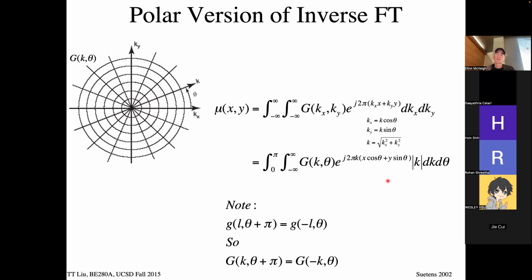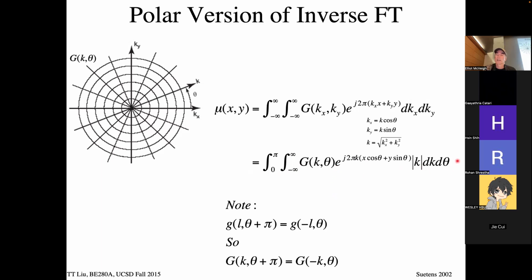The reason we can use the absolute value of k is that we have this symmetry: g of k at theta plus pi, when we go all the way around, is the same as g of negative k. So we really only have to integrate k from 0 out, go around with theta, and then do this integral with the absolute value of k.